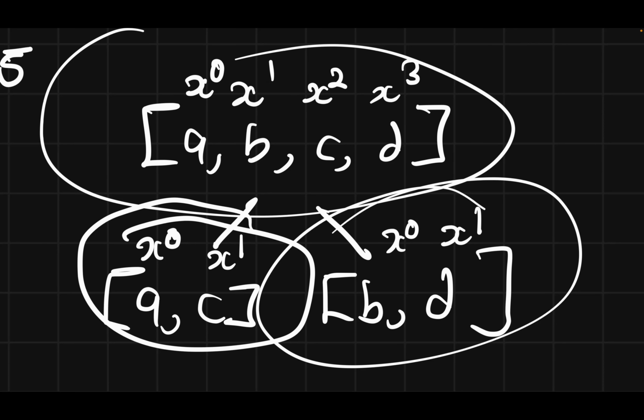Then you now fold, so that's your g of x and your h of x. So we're just taking one, two, one. Yes, everything at an even index you push into one array, and everything at an odd index you push into another array. So that is g of x, h of x.